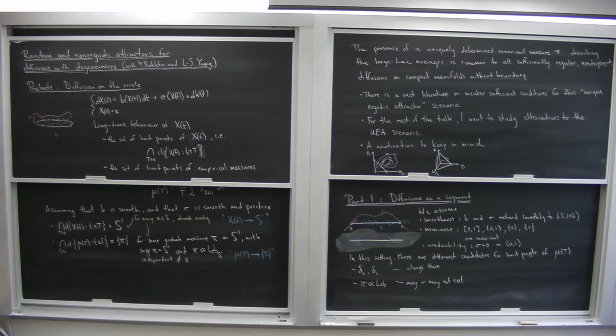For every x, there is P0 of x between 0 and 1, such that xt converges to 0 and mu t converges to delta 0 with probability P0, and the other way around with probability 1 minus P0.